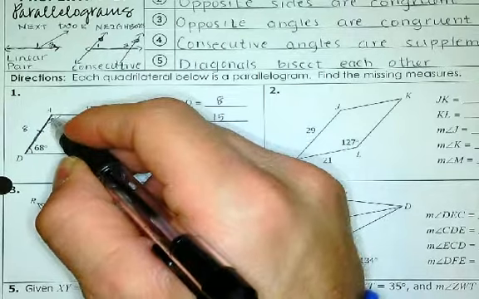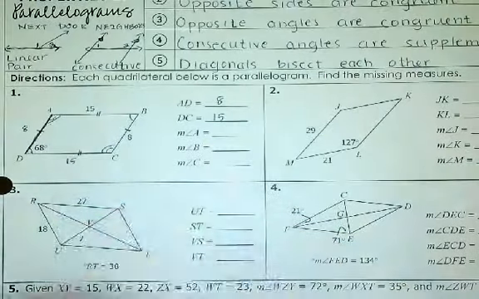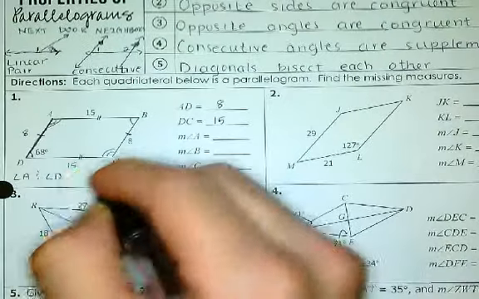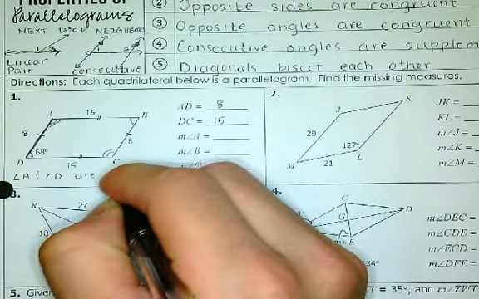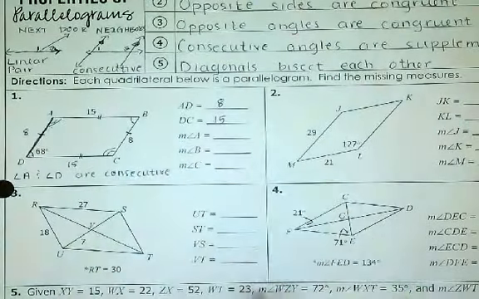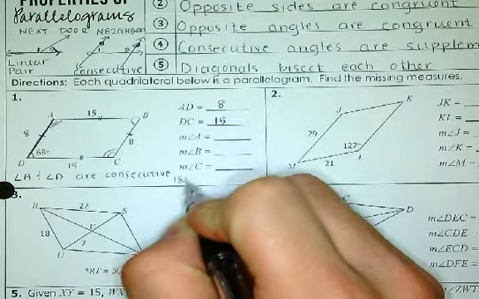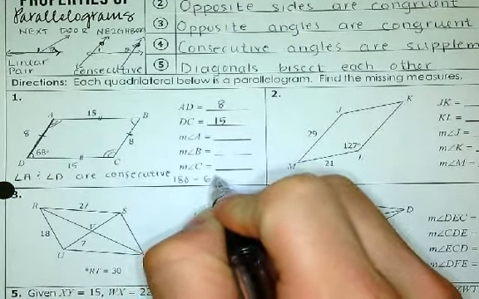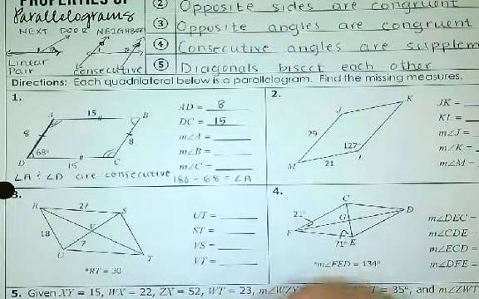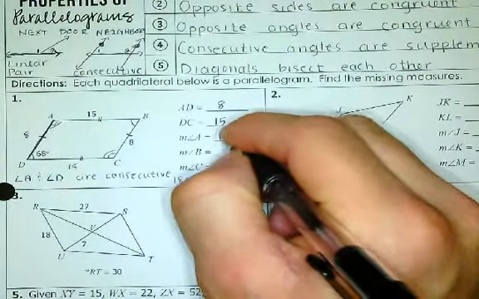So angle A is a consecutive angle with D. So that means that I can do 180 minus 68, and that's going to give me angle A. When we do that, angle A is equal to 112 degrees.